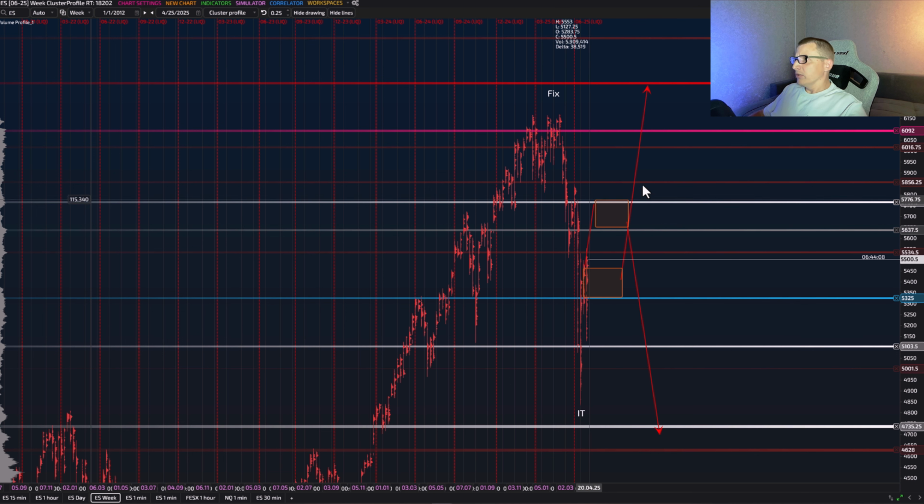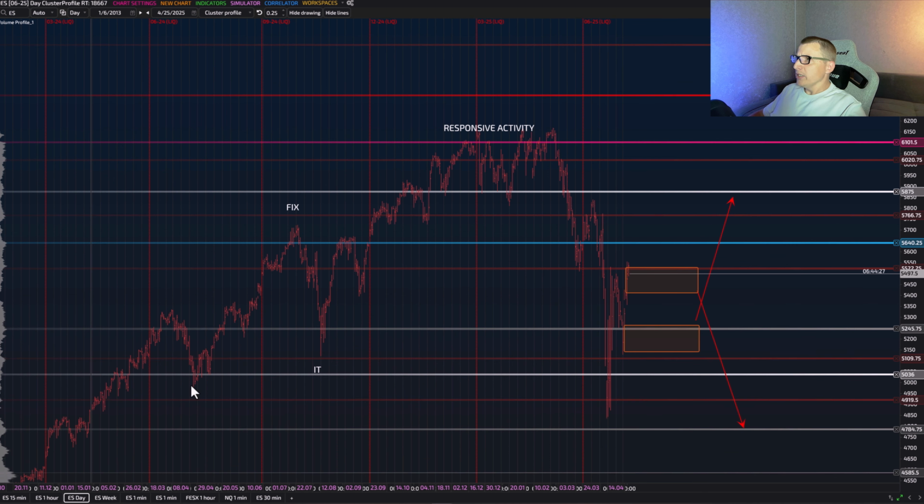Only after we see a sales responsive activity somewhere at this level can we confirm this is a true balance and we would have another factor for sell. But right now, the only factor for sell is on the daily auction, and this is a sales responsive activity.